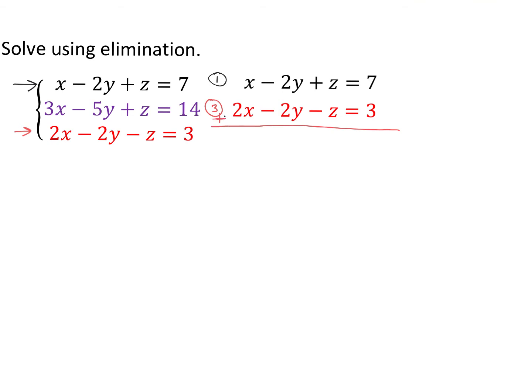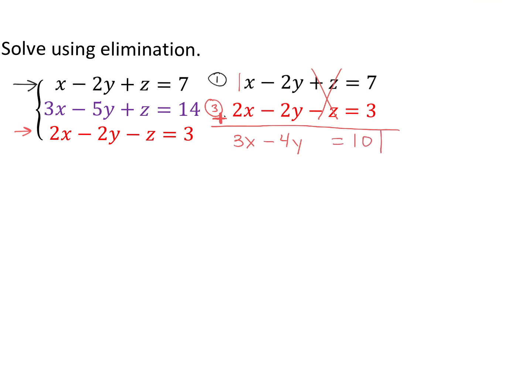So we're going to add these together and eliminate. That means x, remember this is 1x. 1x plus 2x is 3x. Negative 2y plus a negative 2y is what? Negative 4y. Be careful you don't call that 0. And then z plus a negative z is 0 equals 10.